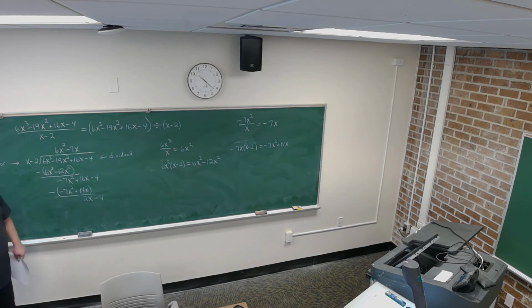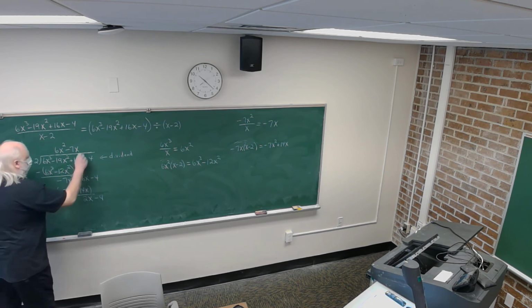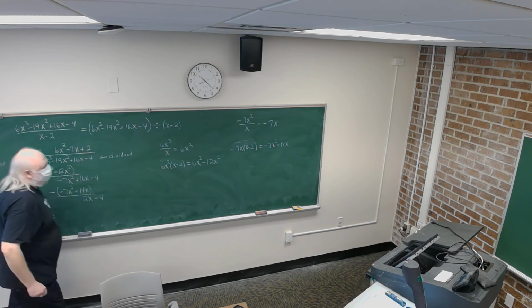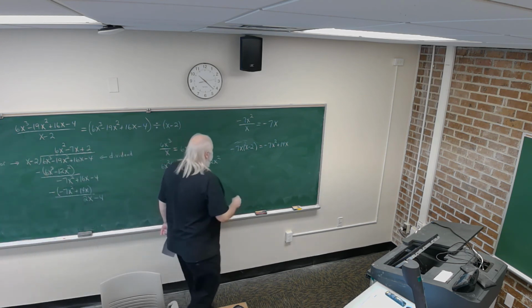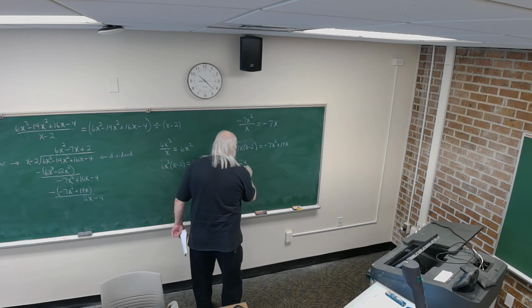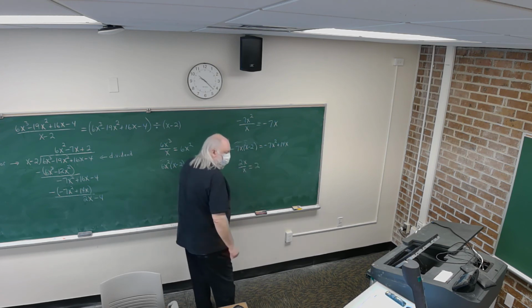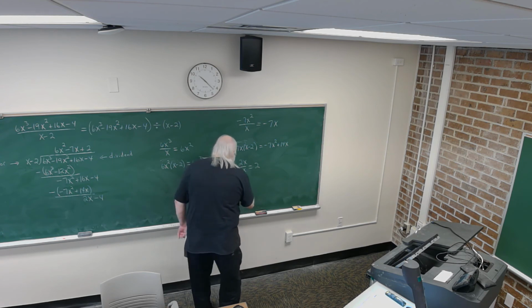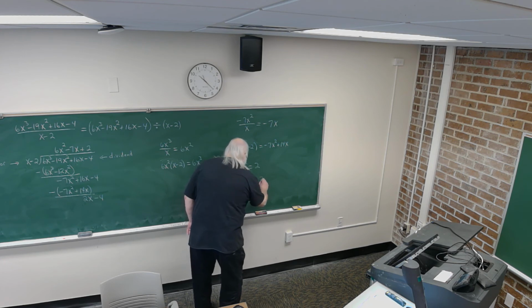We're almost done. Now you gotta ask yourself, how many times does x go into 2x? Well, 2x divided by x is 2. So x goes into 2x twice. I can write it over here. 2x divided by x is 2, right? x goes into 2x twice, and then you gotta multiply 2 times the divisor, x minus 2, and you get 2x minus 4.